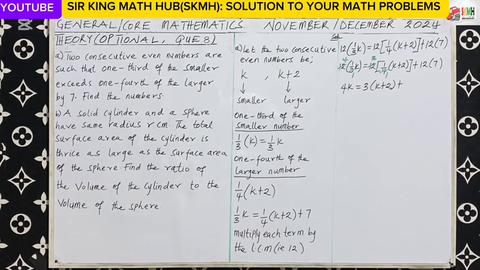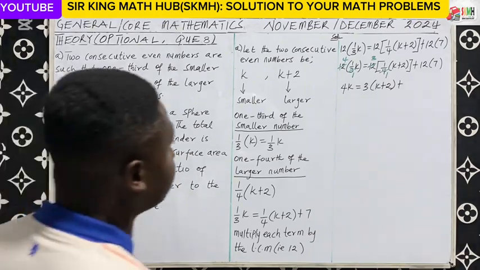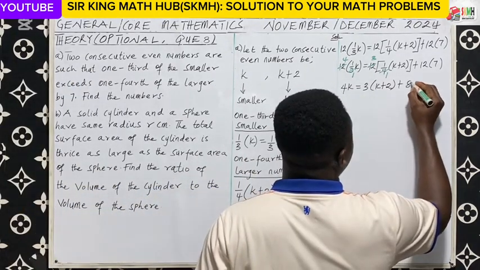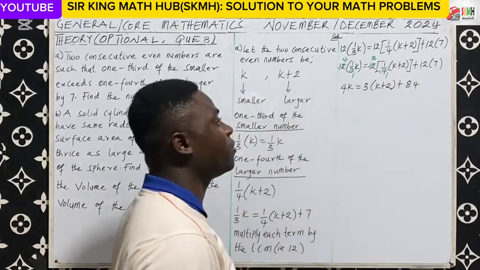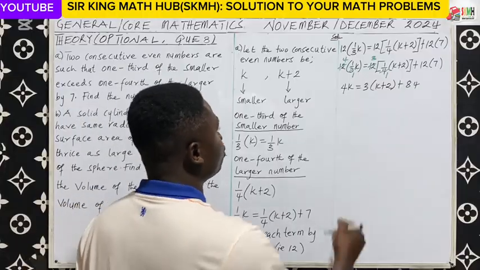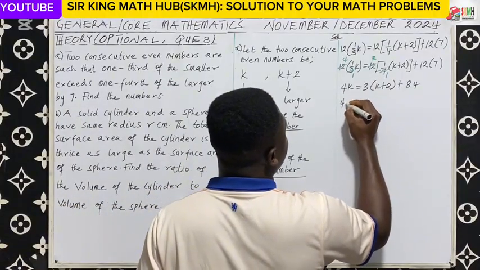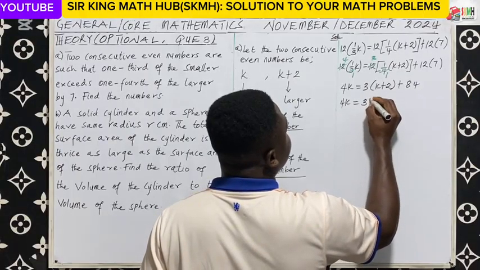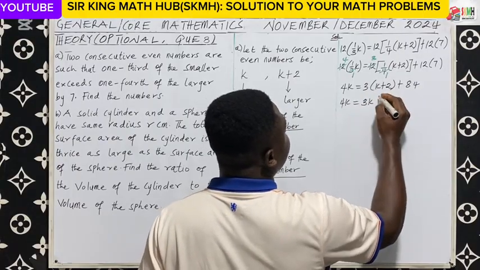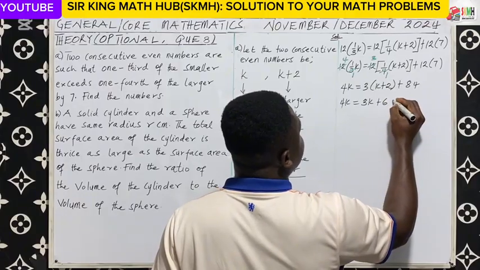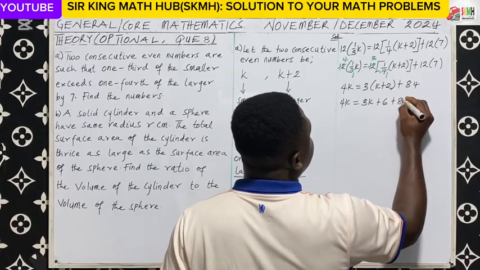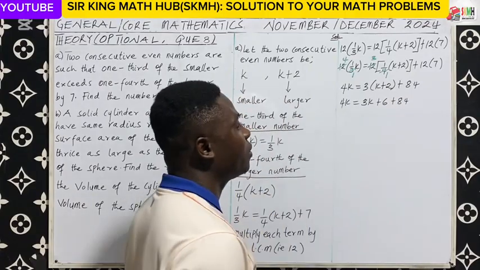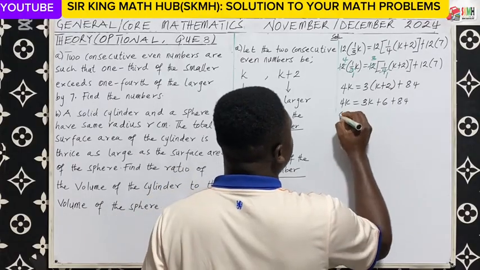That should give us 84. So we can expand the brackets. 3 multiplied by k, 3k, and then 3 multiplied by 2, 6. So plus 84.